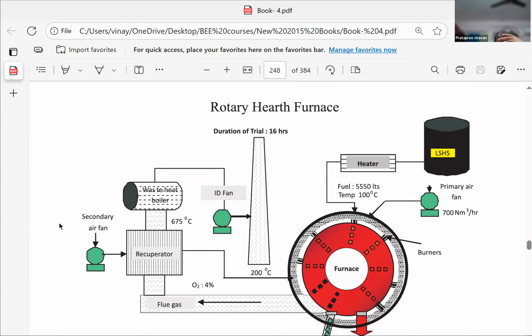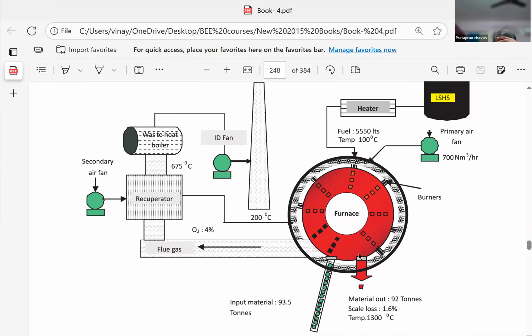This incoming air, which is at the atmospheric temperature, is raised up to 200 degrees centigrade. This 200 degrees centigrade air is given to this furnace for combustion purposes. The molten metal goes out here, and this is the input of raw material.